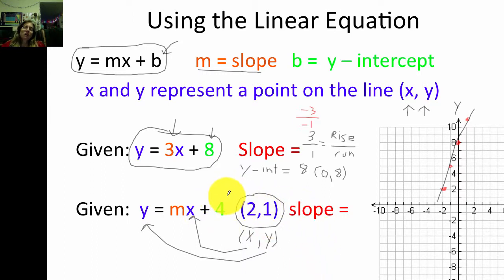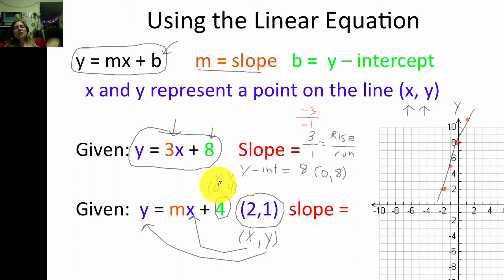Remember that this is the y-intercept, so it is a point in and of itself. It's the special point that crosses the y-axis. It always has a value of 0 for x. This is x, and this is y. So this 4 represents an entire point.